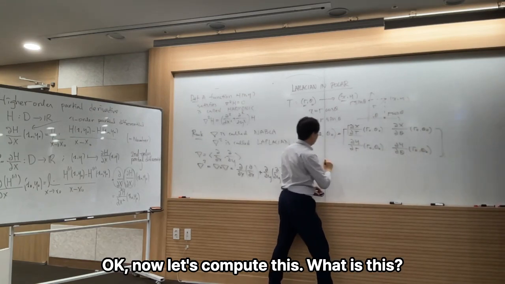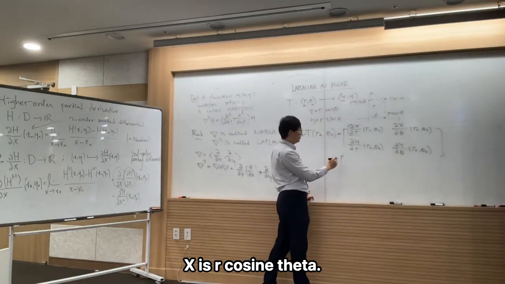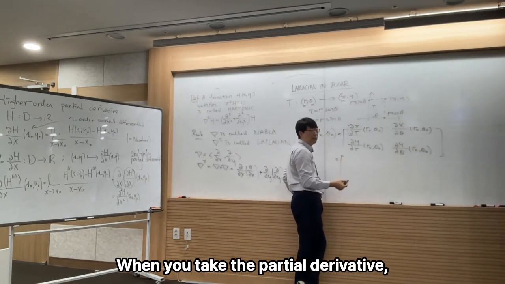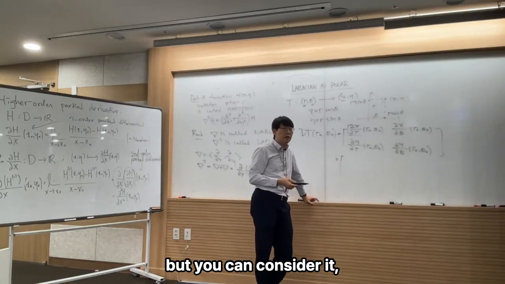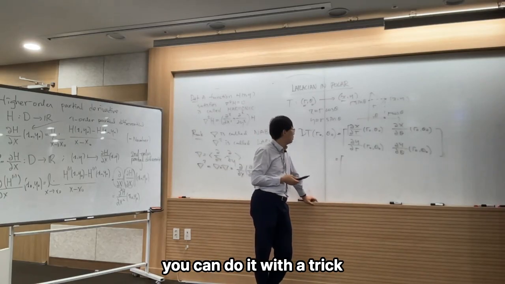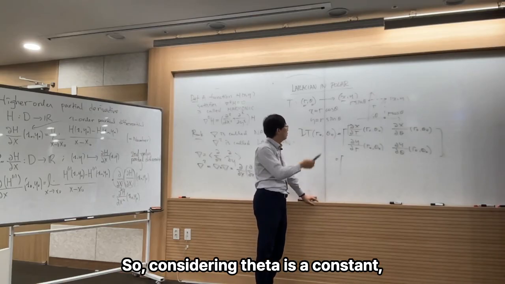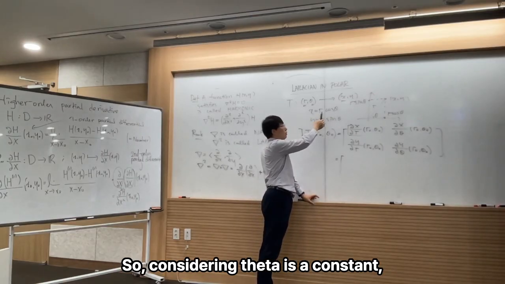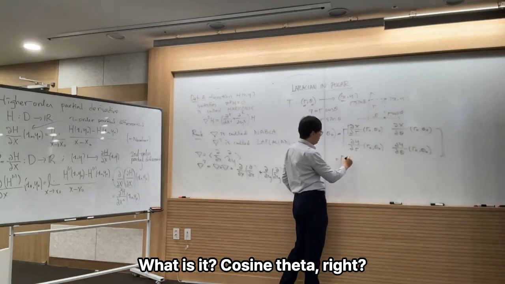Okay, now let's compute this. What is this? x is r cosine zeta. When you take the partial derivative, I mean, the definition is using a limit, but you can do it with a trick by considering the other variable as constant. So consider zeta as a constant. You just take the derivative of r cosine zeta. What is it? Cosine zeta, right?